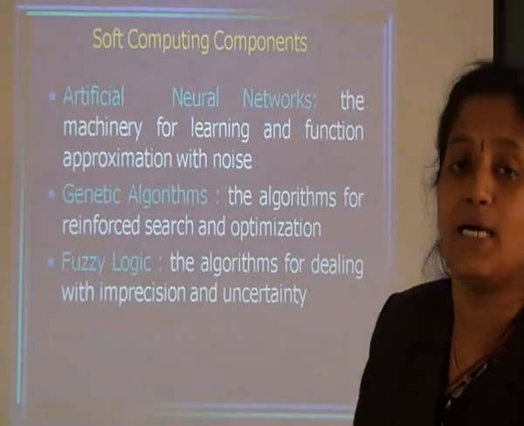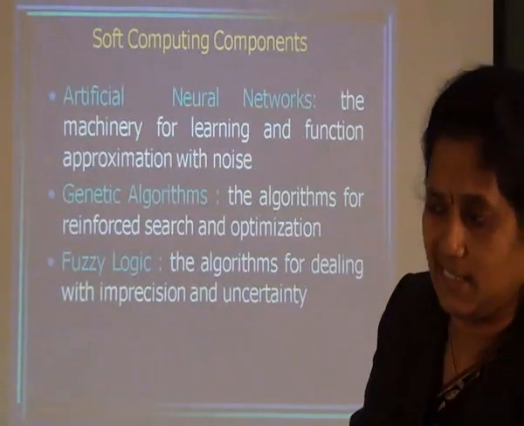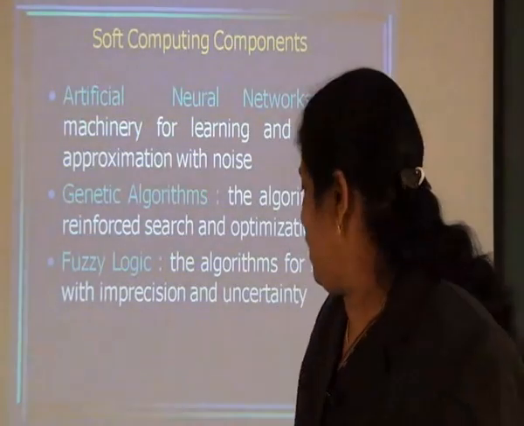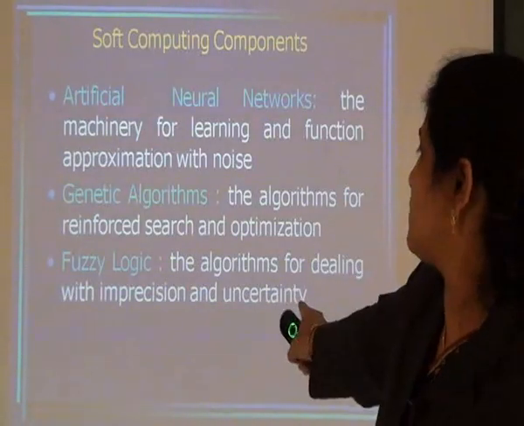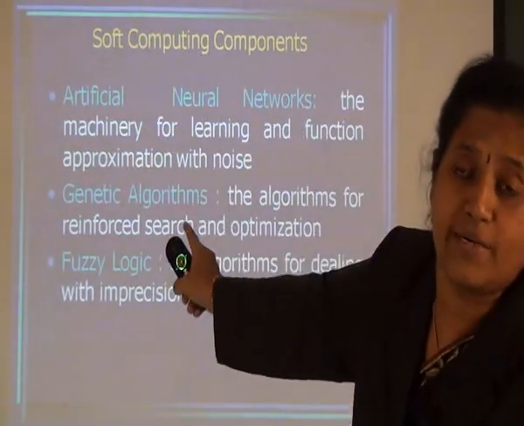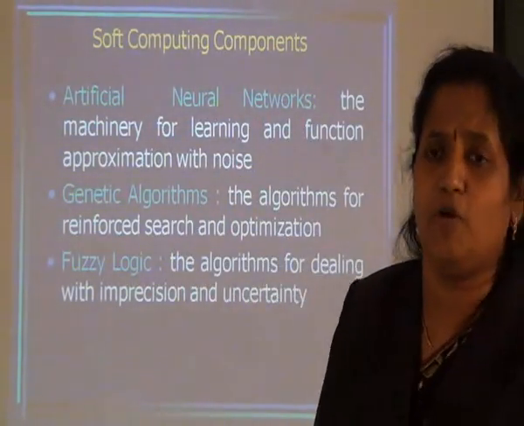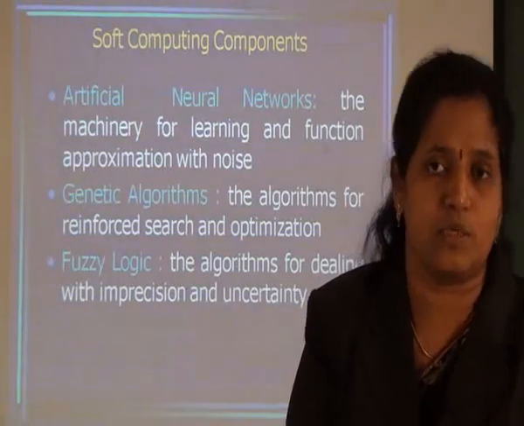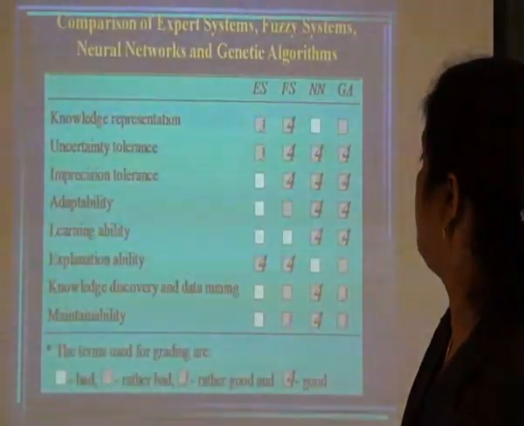Fuzzy logic deals with imprecision and uncertainty. The fuzzy system is meant for knowledge representation. So artificial neural network is for learning, whereas genetic algorithm is for optimization. If you put all these three techniques together, you will get a solution for any kind of real-time problem.